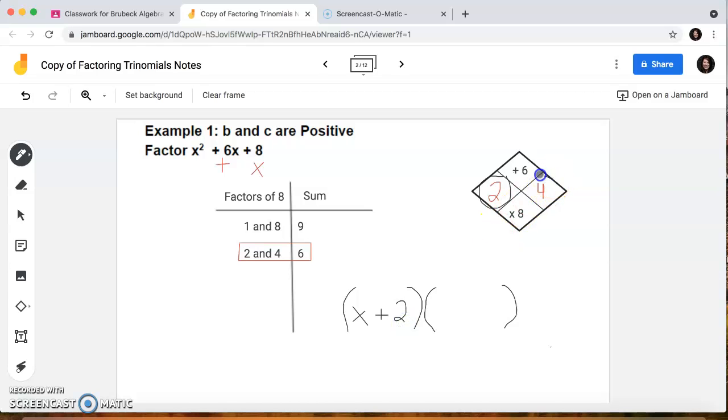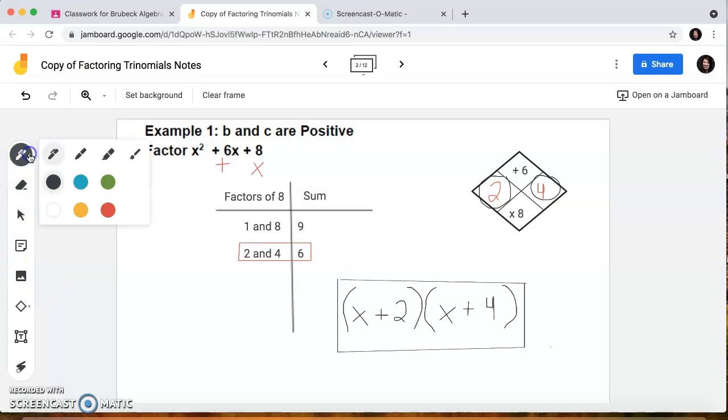And then x plus 4 because the 4 is positive. And that is your answer. What this is saying is that if we were to multiply these two expressions together, we would get our original trinomial of x squared plus 6x plus 8.